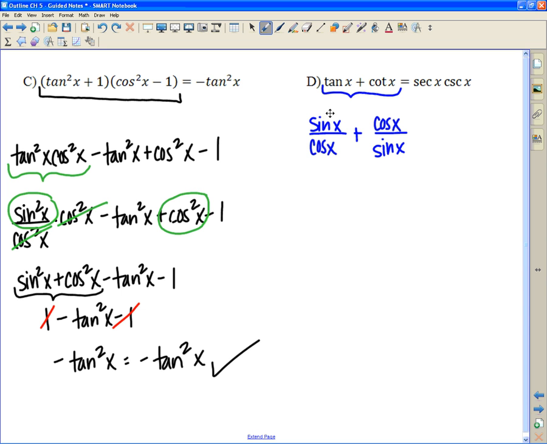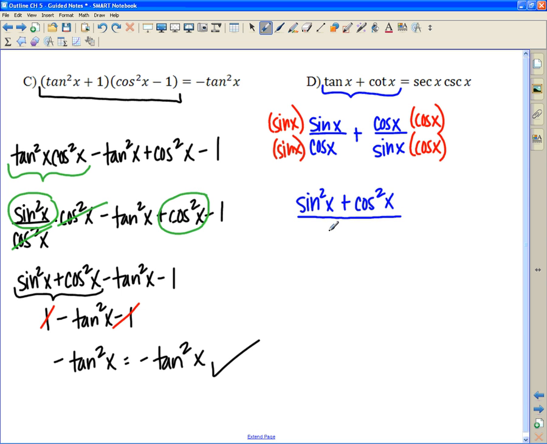Adding fractions need a common denominator. Top to bottom, left to right, sine squared x plus cosine squared x, all divided by sine times cosine.